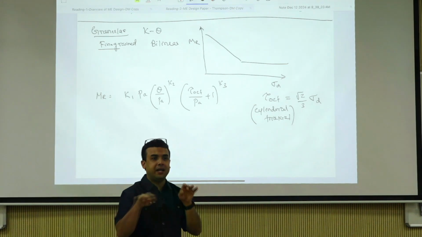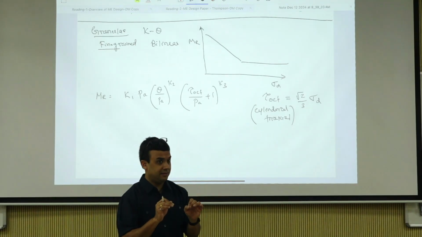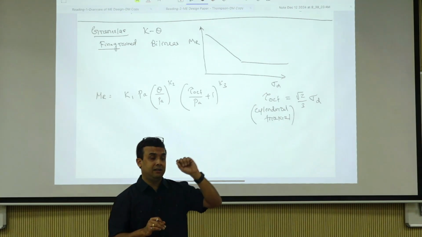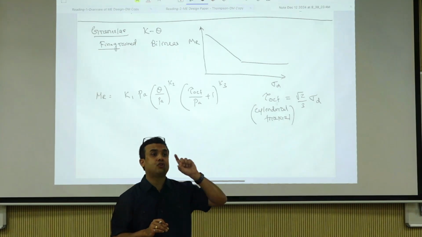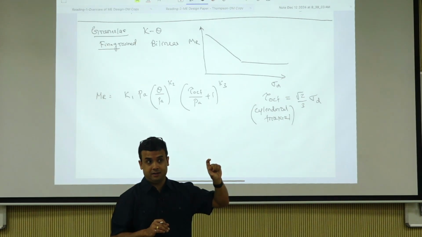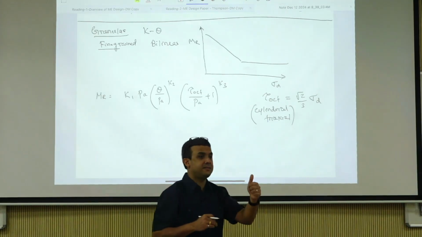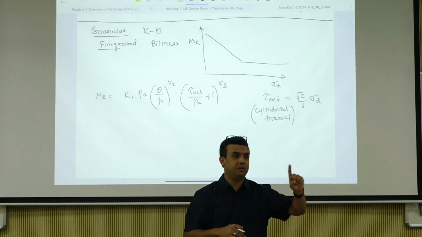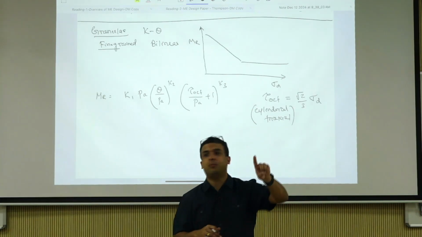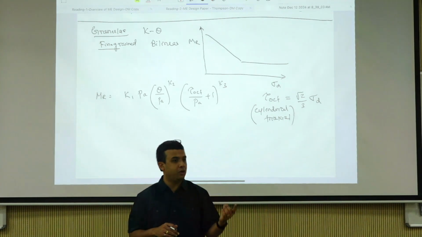It has multiple layers, and it is an elastic analysis, and the E value is constant per layer, right? What does that mean? Every layer has one modulus: the base has one modulus, the asphalt has one modulus, the subgrade has one modulus.